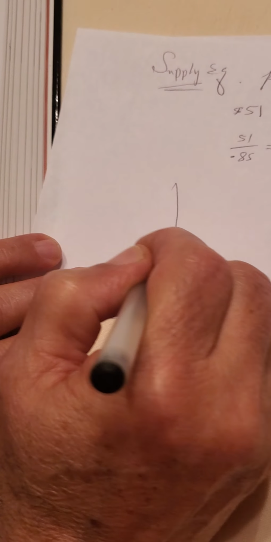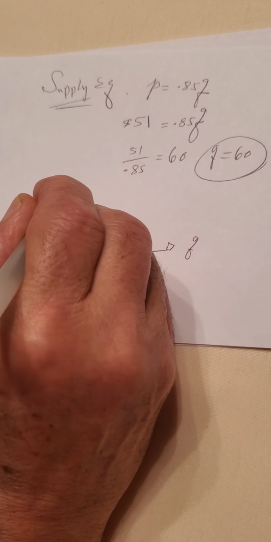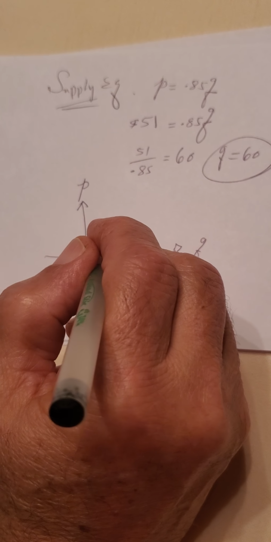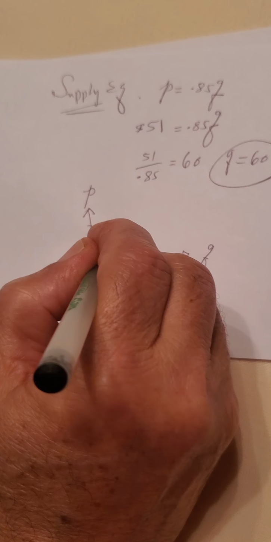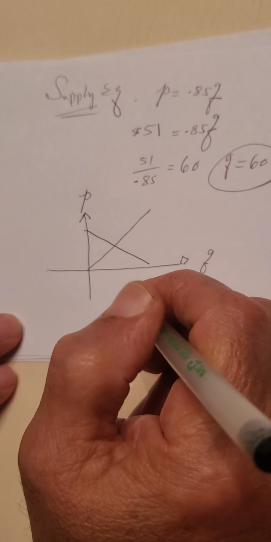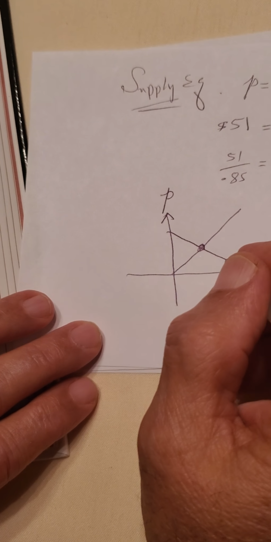So both can be done in the same system, a QP system instead of an XY system. Here we have a red line and a blue line which passes through the origin.